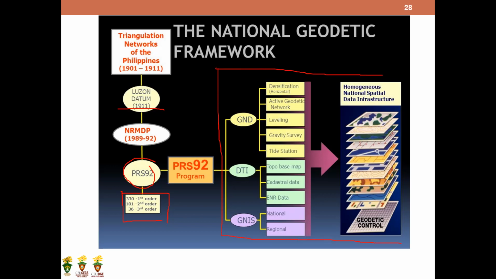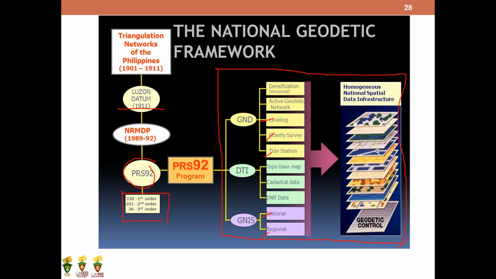So more on what we call this one, tanan na nga klase na pwede mahimong reference, like for example for gravimetric survey, for leveling, tidal station establishment, national structures and regional and national spatial structures, cadastral data, topo base map, and so on.